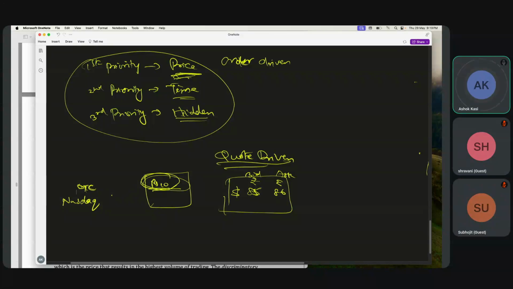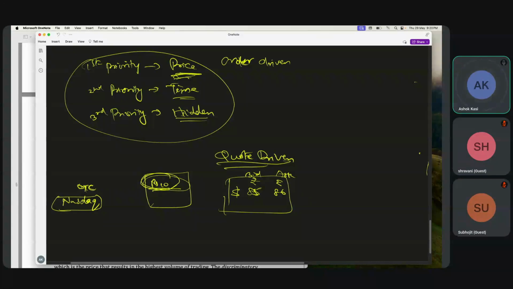Without the presence of the exchange itself, it has grown up highly. Nasdaq, here all IT companies are traded. IT companies' price is fixed, and at that price, people will buy and sell. So that's why it is a quote-driven market. Nasdaq is a quote-driven market.